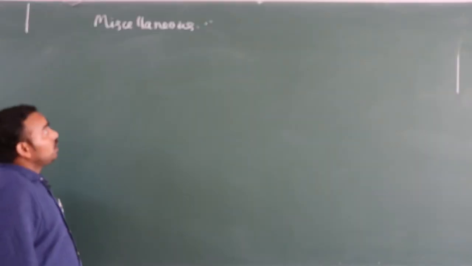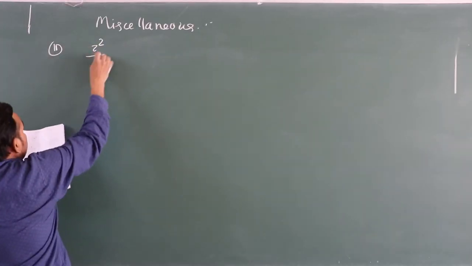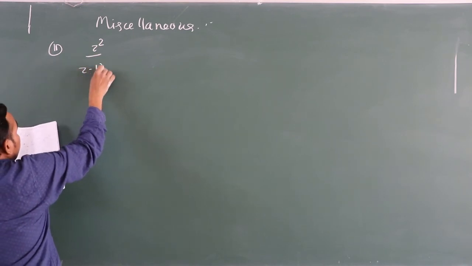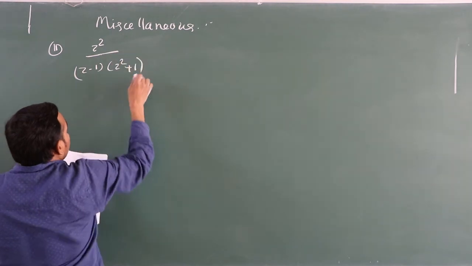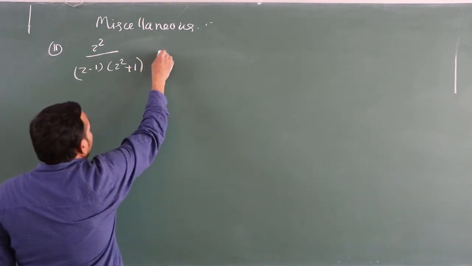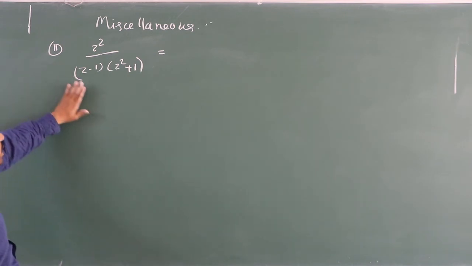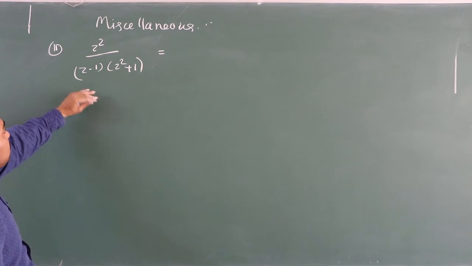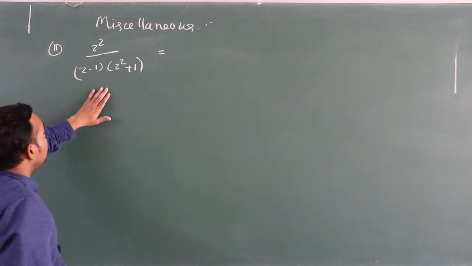In this way, quickly now discuss one more example: find the inverse z transform of z upon (z minus 1)(z square plus 1). Here I want to solve by partial fraction. You can also solve by residue, or by power series method.